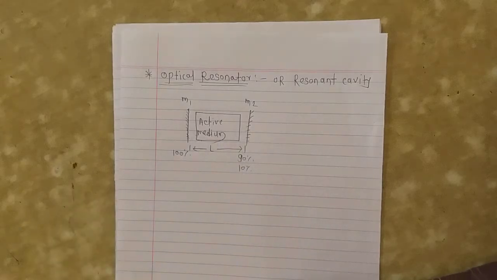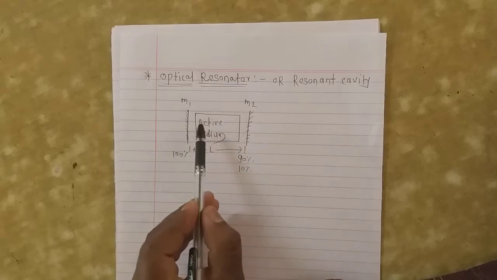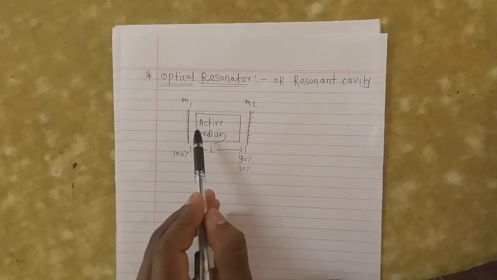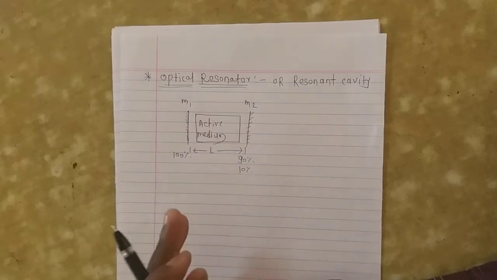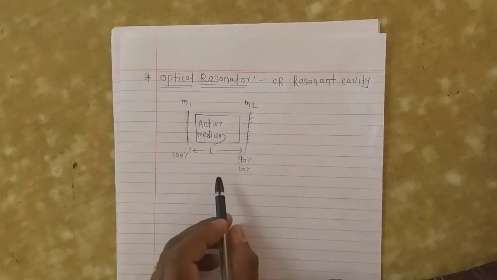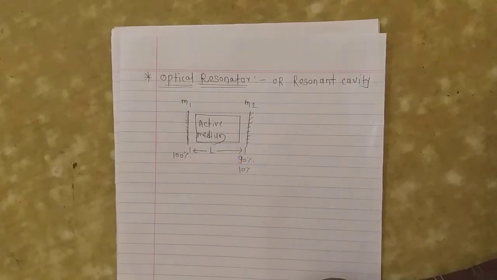The mirrors reflect light again and again, so they provide optical feedback, and the system acts as an oscillator. We discussed in the previous video that the mirrors provide the feedback and the system acts as an oscillator, as in the open resonant cavity of a laser system.